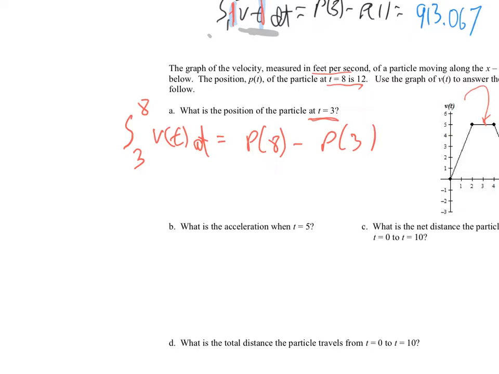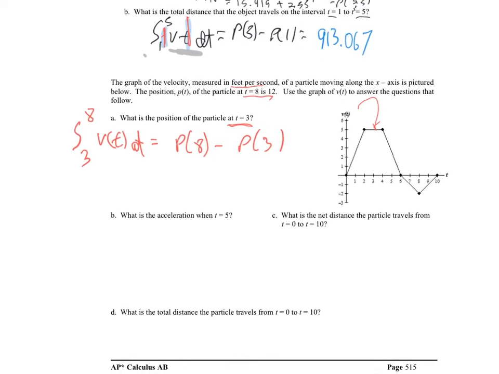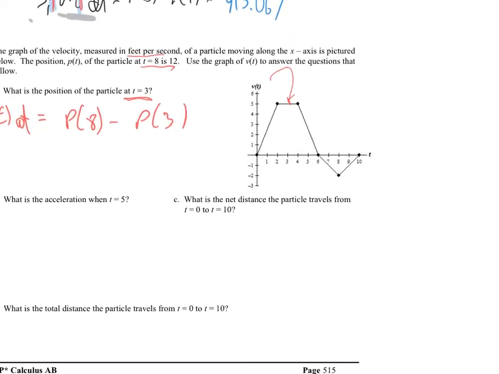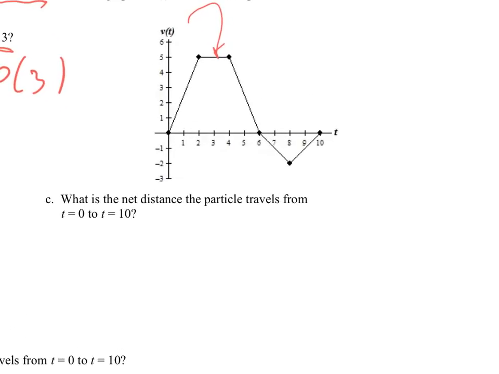So where am I going to get the answer now, since I don't have a function? Go over here, 3 to 8. 3 starts here. 8 ends up here. I need this area.